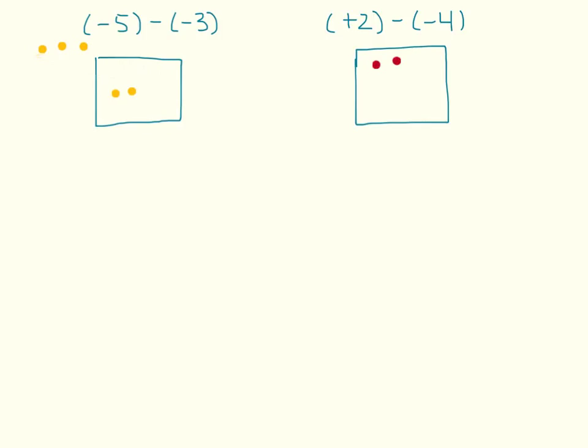So we need to add negative 4 chips to our balance. In order to keep the balance at a positive 2, however, we have to also add 4 positive chips so that the negative chips we added balance out to a net 0. Now we can take away these 4 negative chips, and we're left with positive 6.